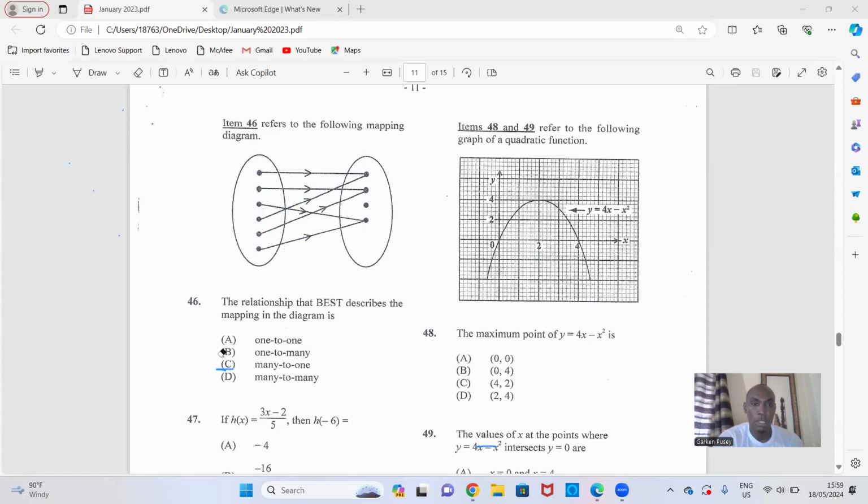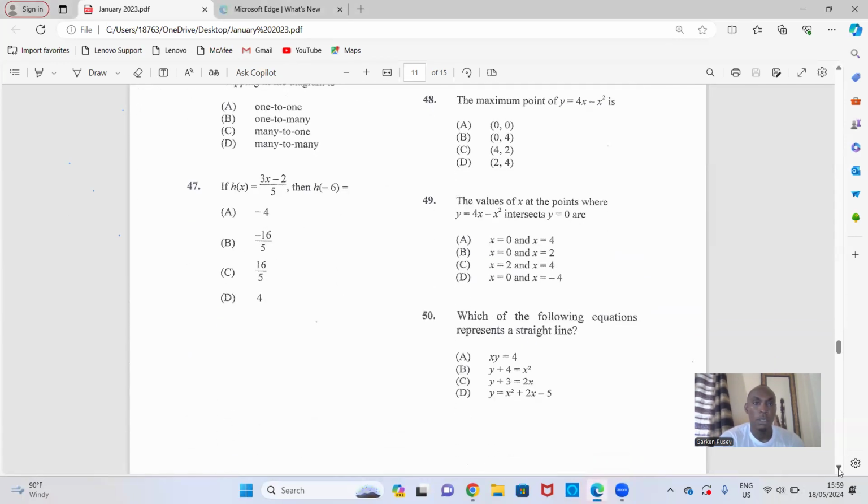Right, let's see if we can get to question 47. If h of x is equal to 3x minus 2 over 5, what is h of negative 6? So you're just going to substitute the negative 6 wherever you see x. So it's 3 times negative 6 minus 2 over the 5.